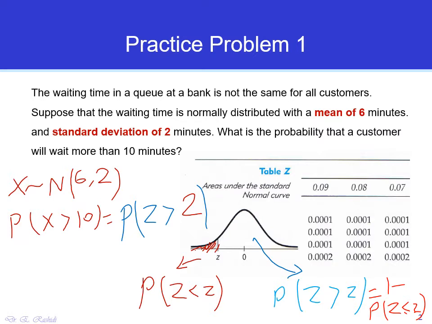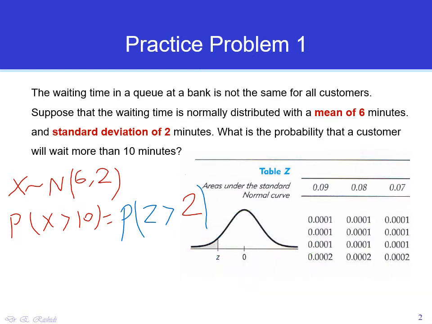Because if the whole area is equal to 1, and this shaded area here is the probability that z is less than z, then this white area would be the probability that z is greater than z, which is 1 minus the probability that z is less than z. So we can write this as 1 minus the probability that z is less than or equal to 2.